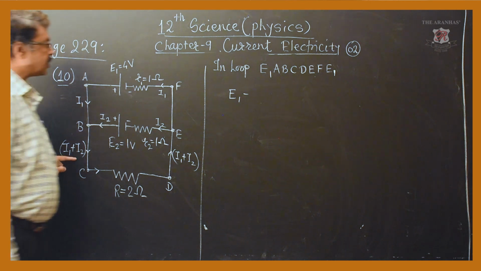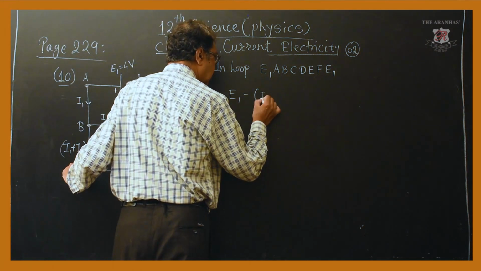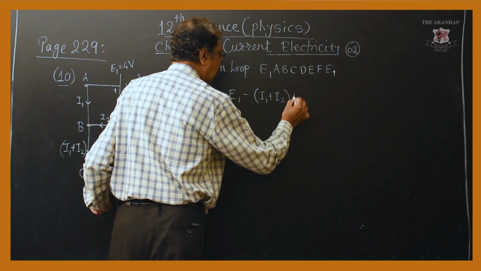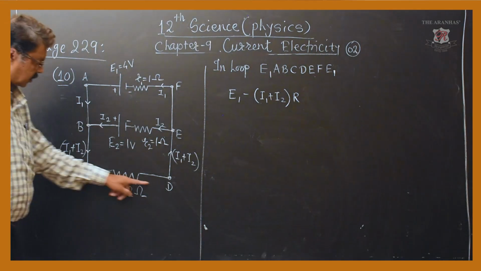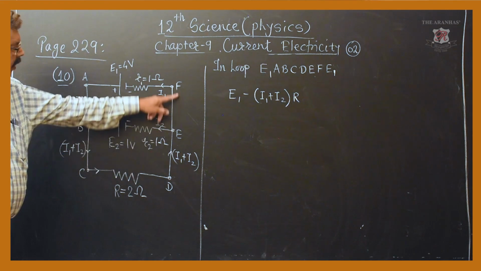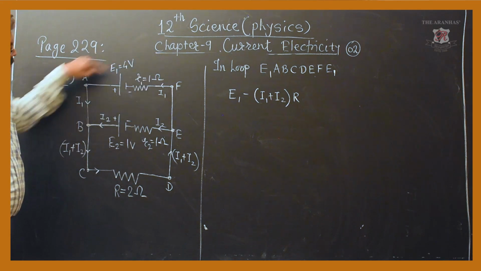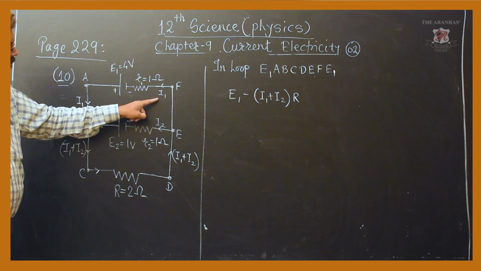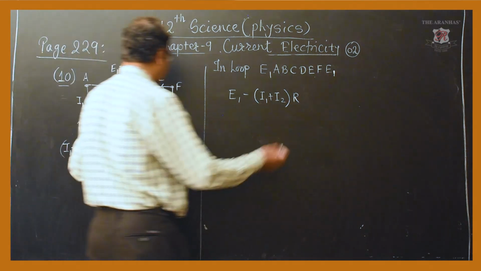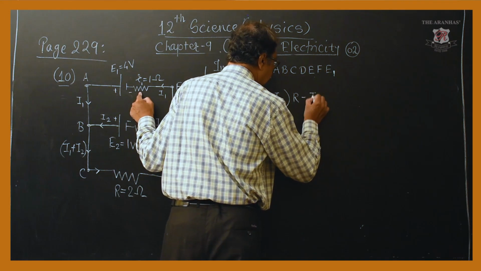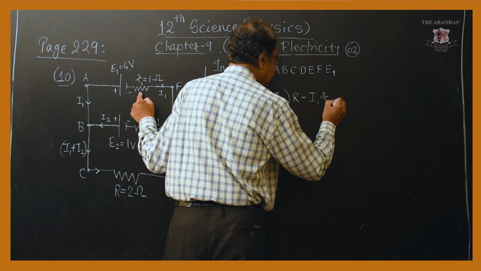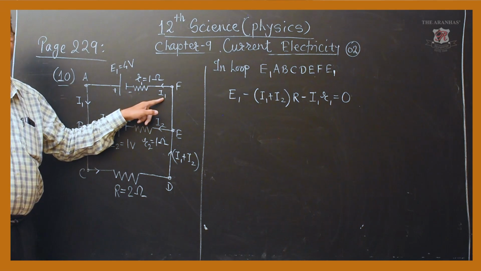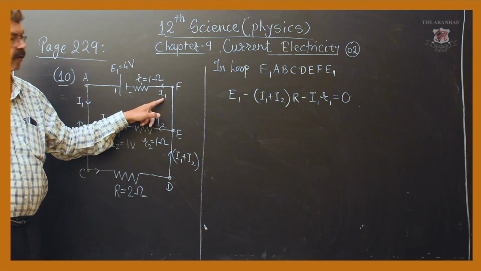So, this current is negative, minus I1 plus I2 into R. This is the resistance. Come back to the negative terminal along the loop. So, this part I am not considering. Here, I1 is the current flowing through R1, but direction again same as direction of the loop. So take this I1 as negative.